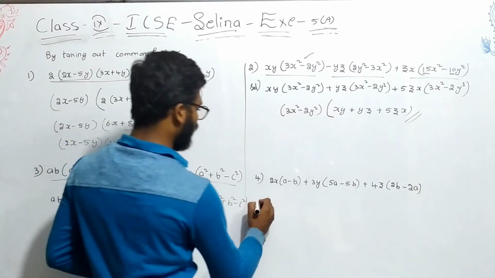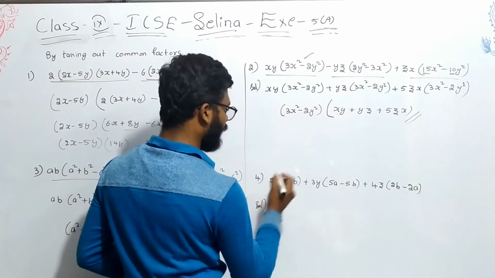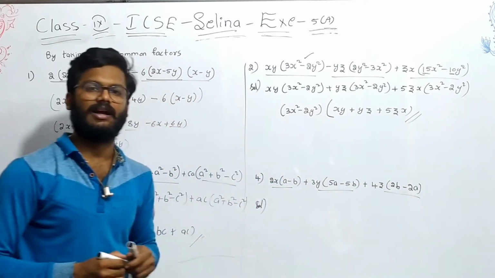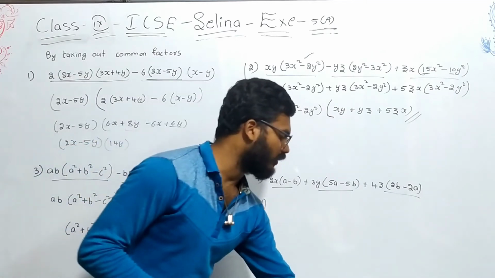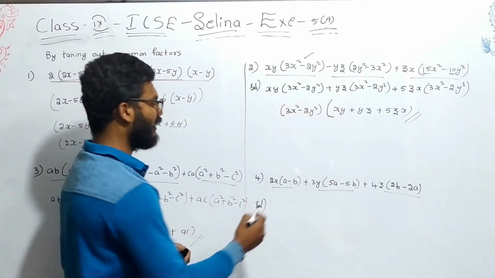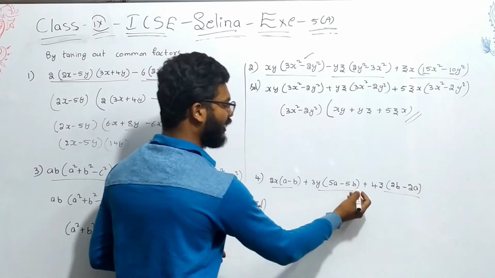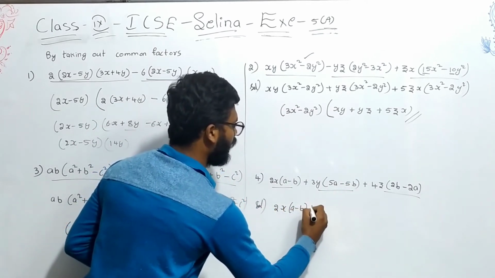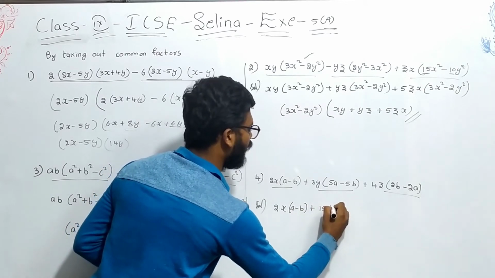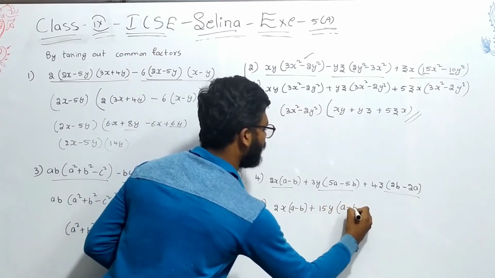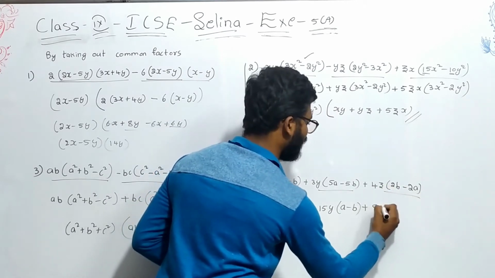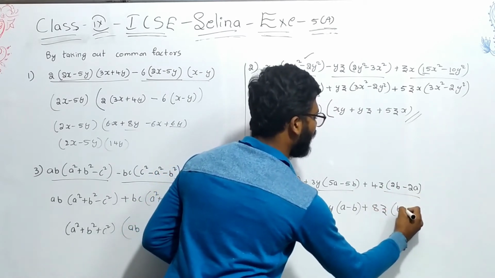Next, finally, the fourth one, solution. See, this is one term, this is one term, this is one term. If you observe it here, it is a combination of the previous two models. Like here a minus b is there, here 5a minus 5b. So if you take out 5 common from them, 5 3 is 15y into a minus b we will get. In the same way, if you take out 2 common, 4 into 2 it is 8z into b minus a.